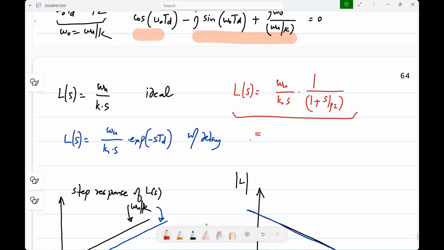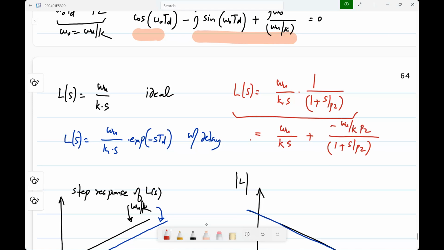If you expand this out, what will you get? Omega u by Ks, and I want to write it as that plus something. What will that be? Let's say I do this. So what should I put in the numerator? Minus omega u by K P2.